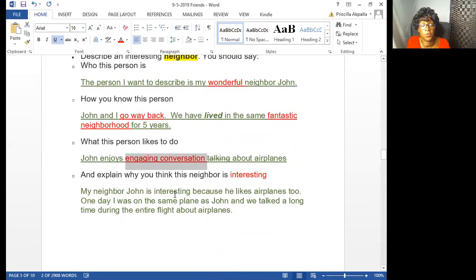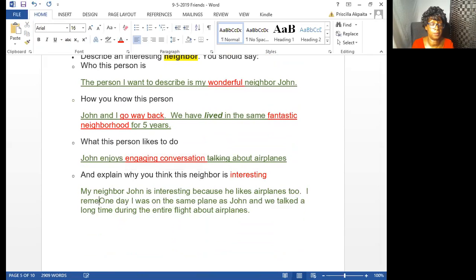Now, explain why you think this neighbor is interesting. My neighbor John is interesting, and I thought we could use interesting, but interesting is in the prompt. My neighbor John is interesting because he likes airplanes too. One day, let's put in, I remember one day, here is your 3-syllable word.